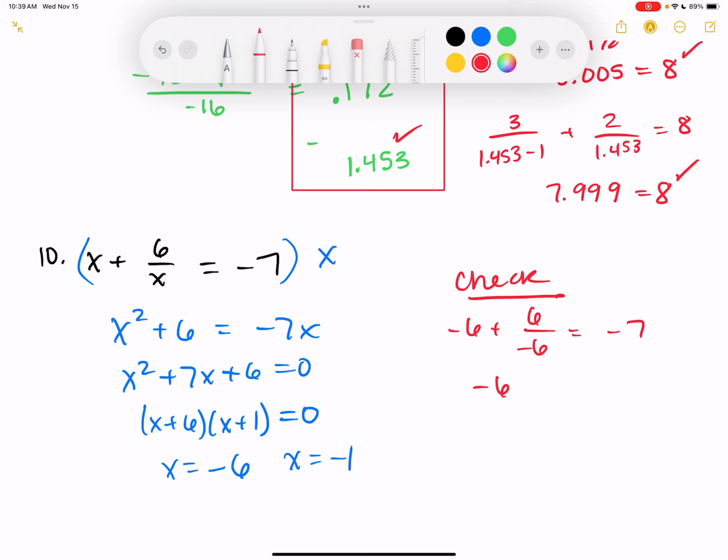So negative 6 minus 1 equals negative 7. Negative 7 equals negative 7. And then negative 1 plus 6 over negative 1 equals negative 7. So negative 7 equals negative 7. So again, both are good.